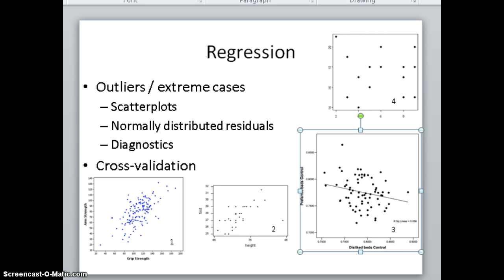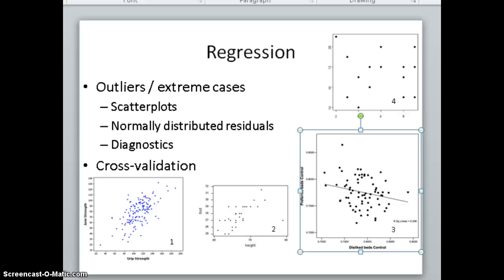In this case, we may want to run an additional diagnostic test to see how bad this outlier actually is, especially in terms of its influence on the regression line. It looks like it may be pulling the regression line up a little bit on this side, but we could run a test and actually get a nice number to tell us how big or how small of an outlier that is, and then we can decide whether or not we want to keep it.